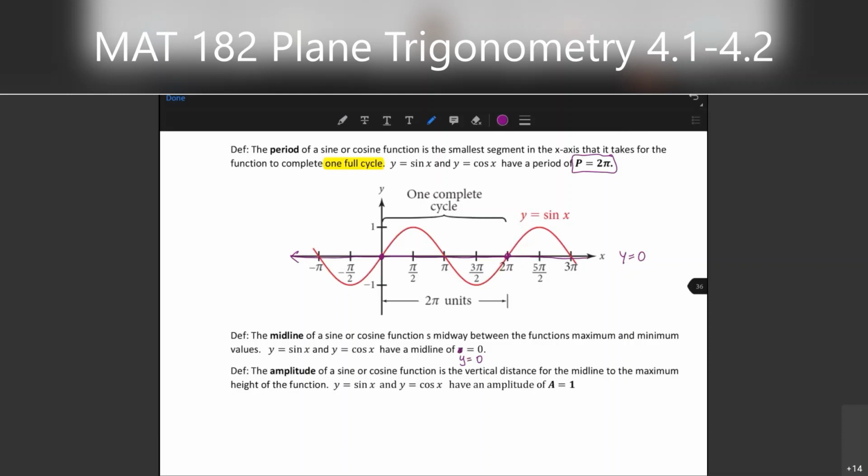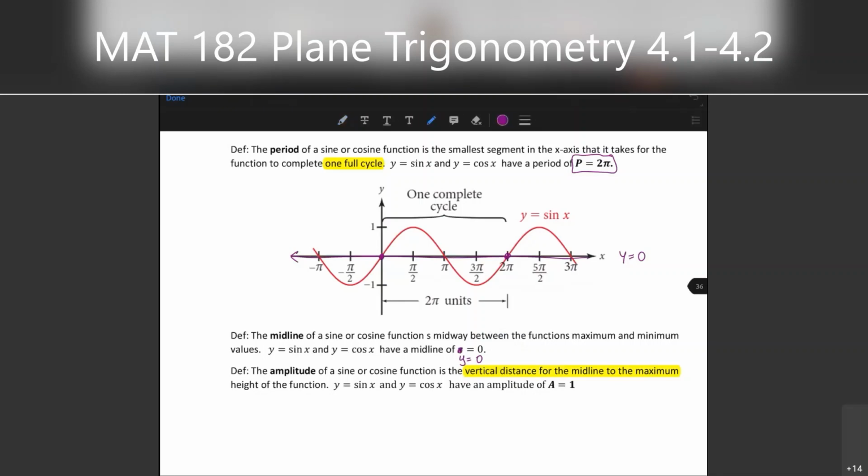Another thing we can change is the amplitude. The amplitude of a sine and cosine function is the vertical distance from the midline to the maximum height of the function. Right now, the amplitude for the sine of x function is just 1.